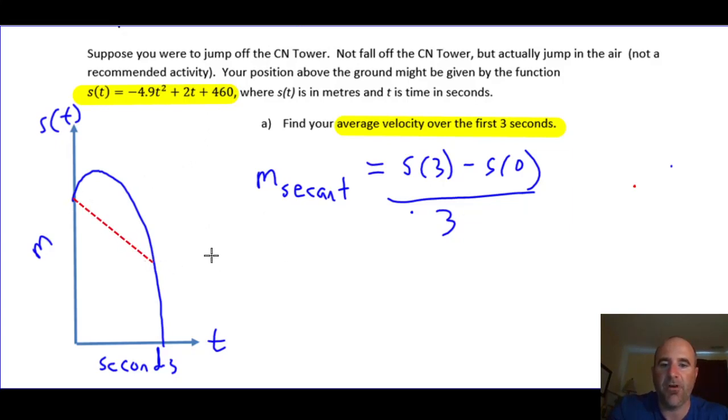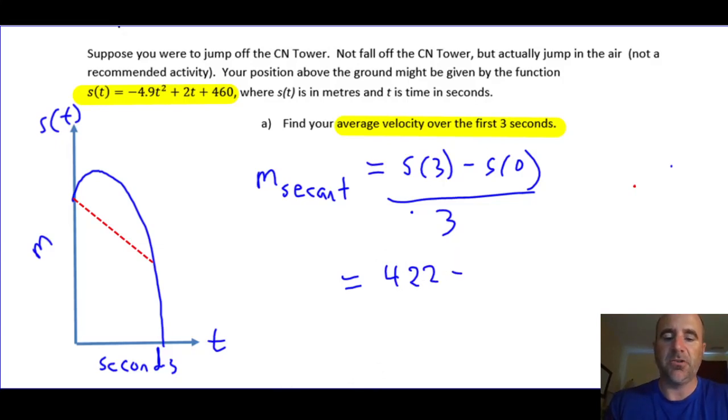We know that the run is going to be 3, and the rise will be the height here, s of 3, subtract s of 0. Now, if you plug t equals 3 into this equation, you will find that you end up getting 422 meters. I'm not going to include that work here.